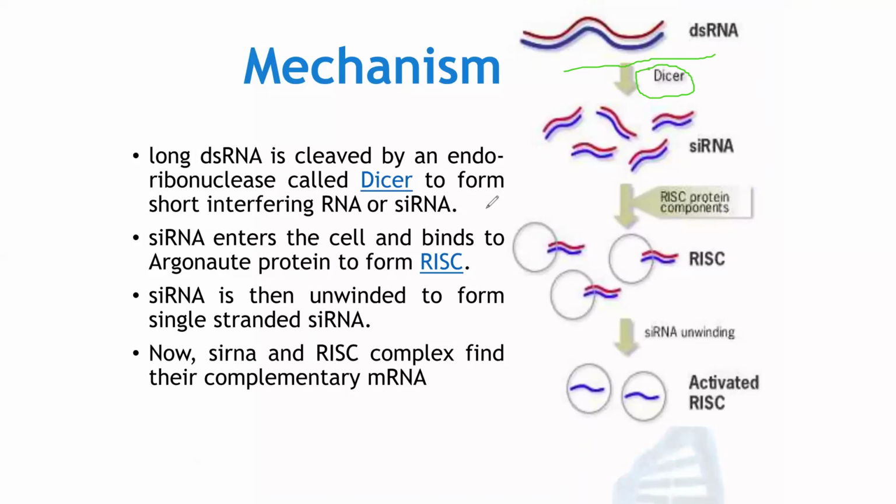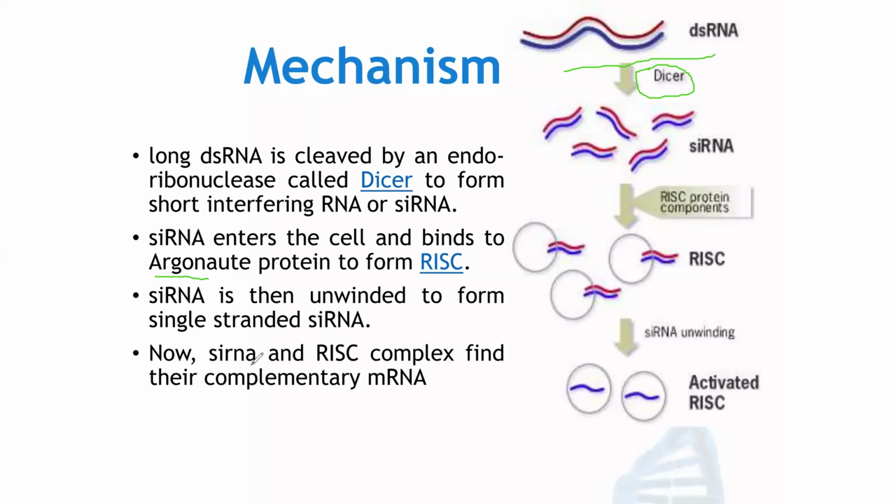And then argonaute, which is an enzyme, will unwind this short double-stranded RNA. It will open it to form two strands, the antisense strand and the sense strand. Once argonaute unwinds the short interfering RNA, it forms a complex with the antisense strand. The complex is called the RNA-induced silencing complex.